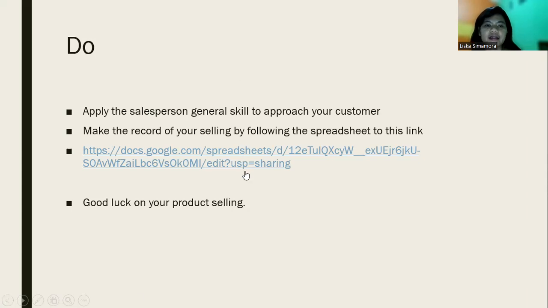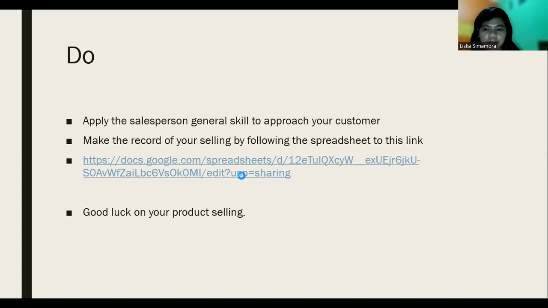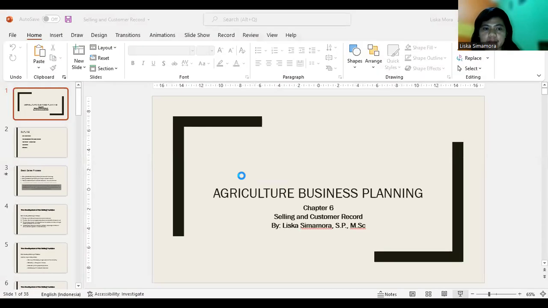This link, I will show you how to fill it. So this is the spreadsheet for group 1, group 2, group 3, group 4, group 5, until group 12.